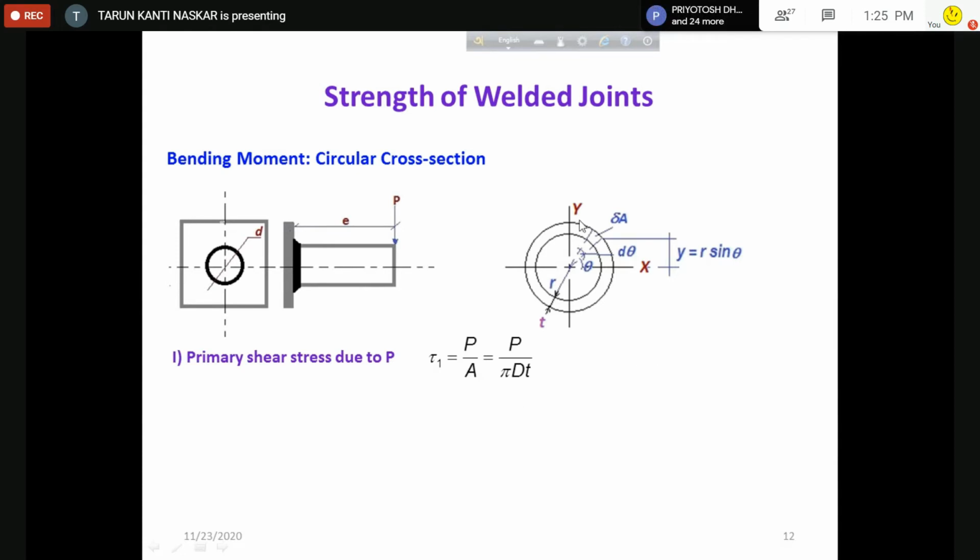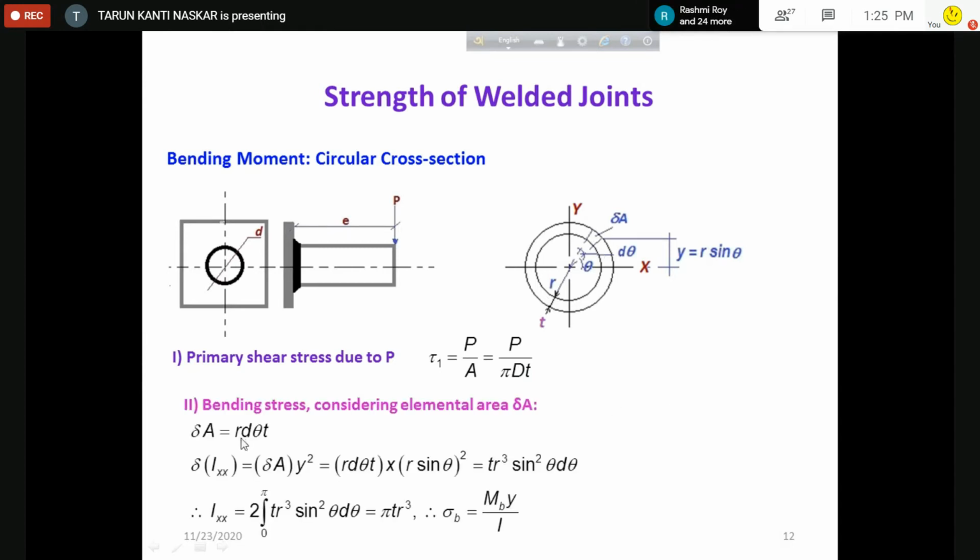And you see this one, then to find out the bending stress, there is an elemental area del A, and this del A equal to r d theta t, where this is d theta and this one is theta. So del Ixx. This elemental area is considered to find out ultimately the Ixx.